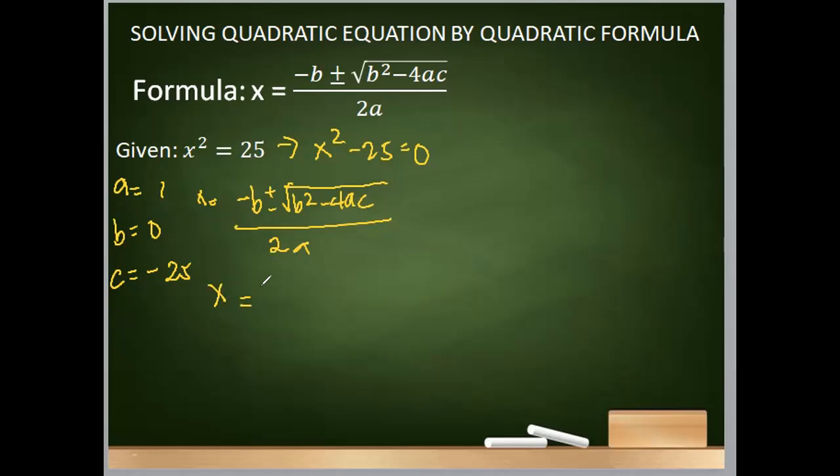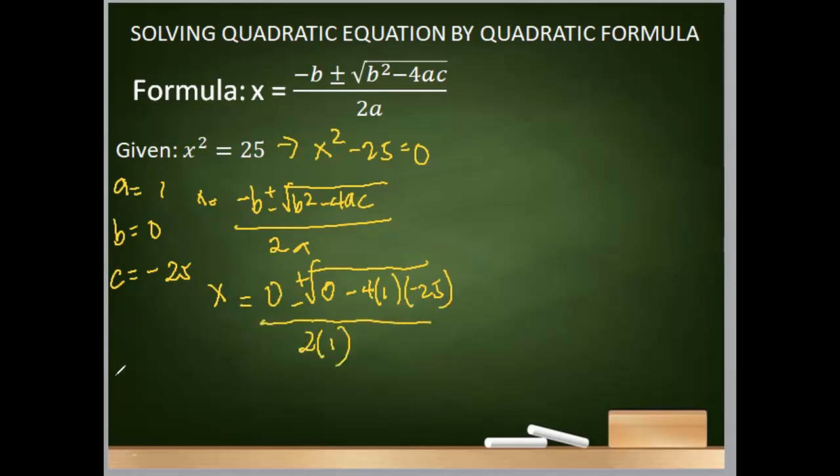That is 0, plus and negative square root of b squared, which is 0 automatically, minus 4. What is the value of a? That is 1. And the value of c is negative 25. Okay, all over 2 times 1.